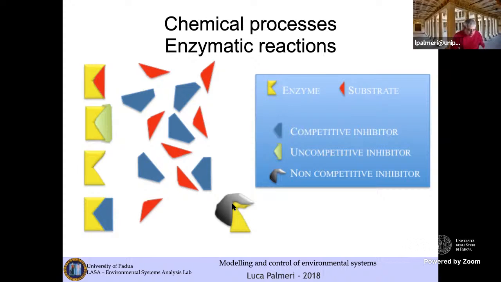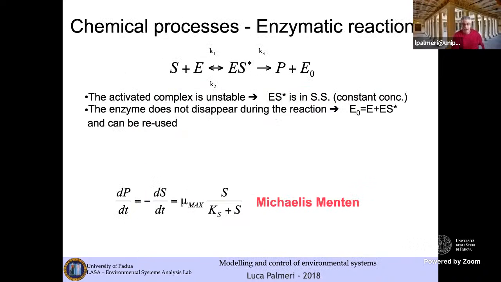Okay, why are we so interested in chemical enzymatic reactions? As I told you, because this is a very prototypical general way of modeling chemical processes in which there is a substrate involved, so the chemical reaction depends on the substrate, but there is also an enzyme involved, a chemical object that speeds up or fosters the reaction.